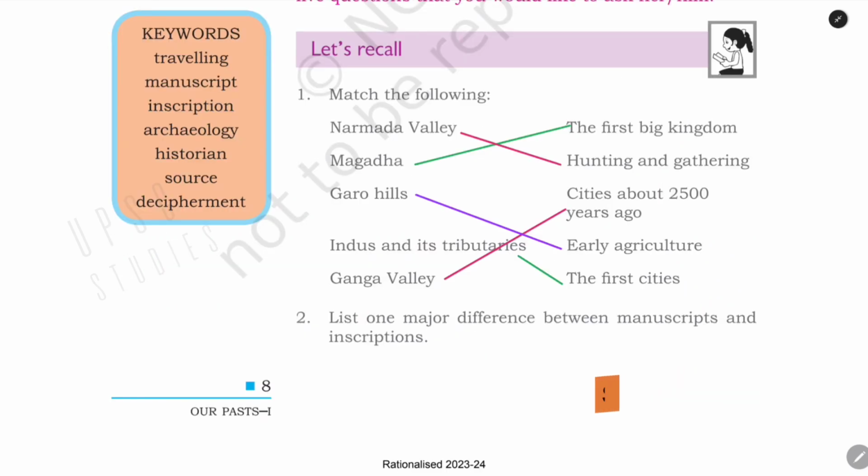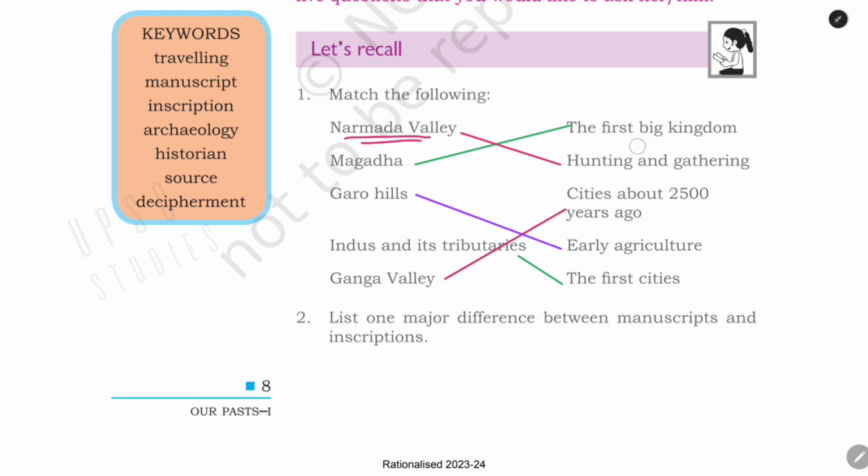In the last, it's a recall of what we studied so far. Let us see the following: the Narmada Valley. What is special about the Narmada Valley? We studied hunting and gathering. The people hunted there, right? What is Magadha?